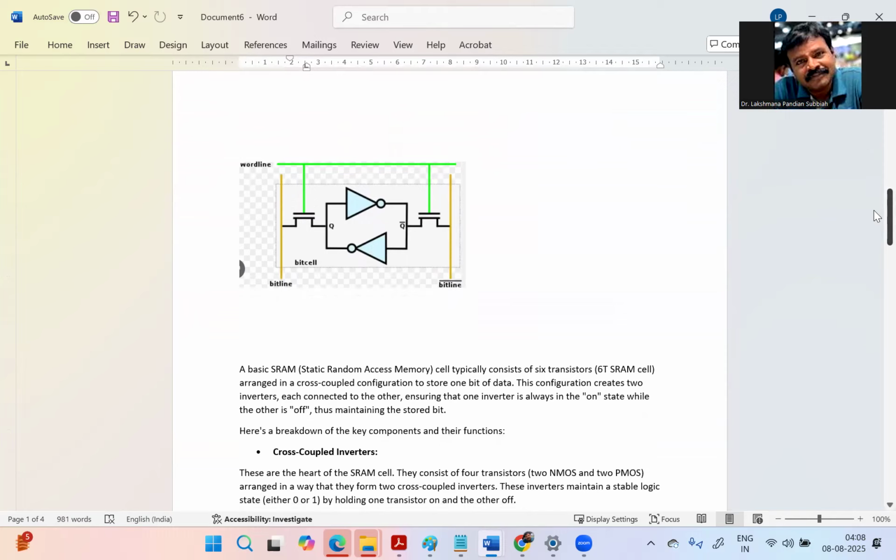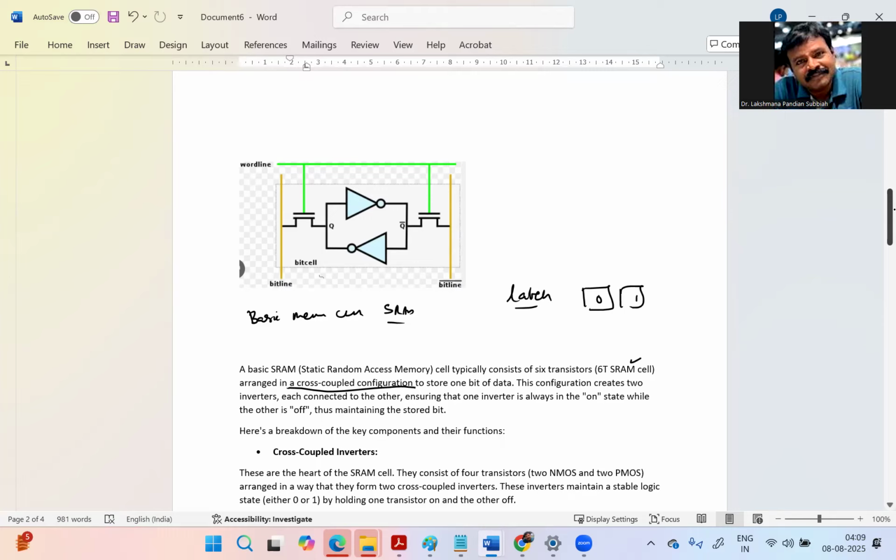Now the basic memory cell, the SRAM memory cell is this one. They may ask about the basic memory cell of static RAM. In static RAM, a latch stores one bit of information, either 0 or 1. The cell typically consists of 6 transistors, the 6T RAM cell, arranged in a cross-coupled configuration to store one bit of data.